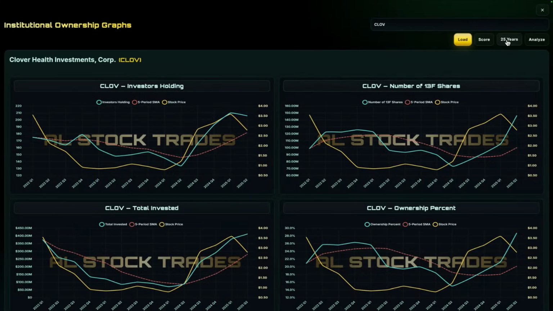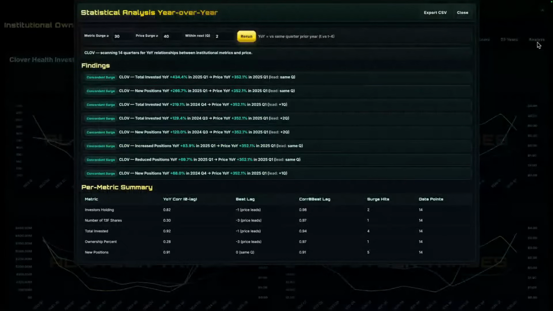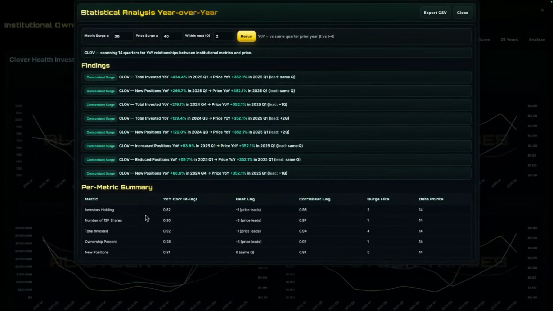There's a button, before we hit 25 years, called Analyze. So it goes in and we analyze all this data, and we find something here called concordant surge. And we find 1, 2, 3, 4, 5, 6, 7, 8 concordant surges.